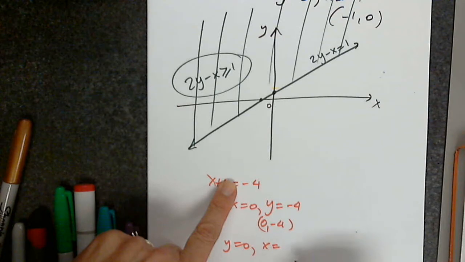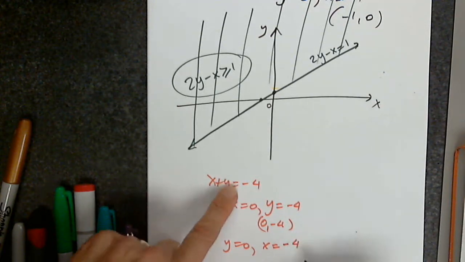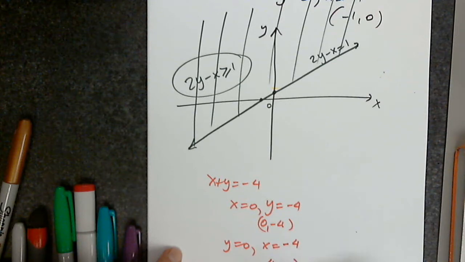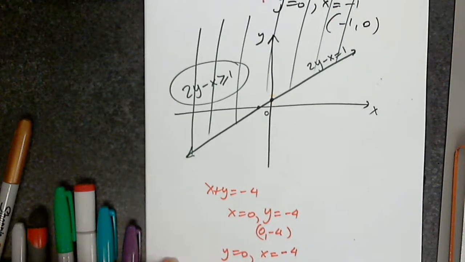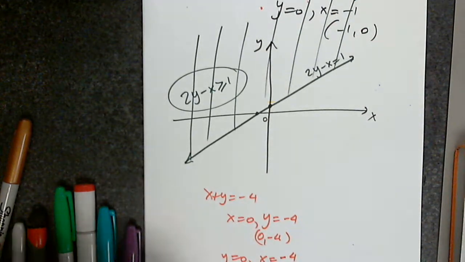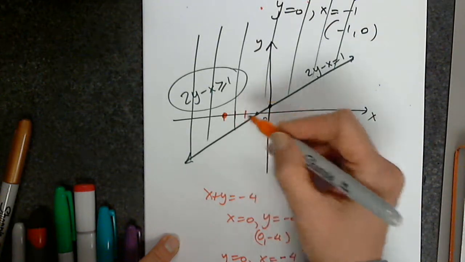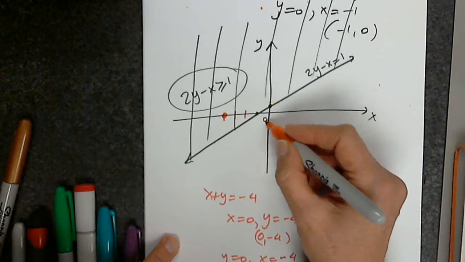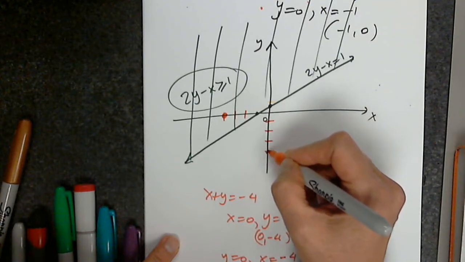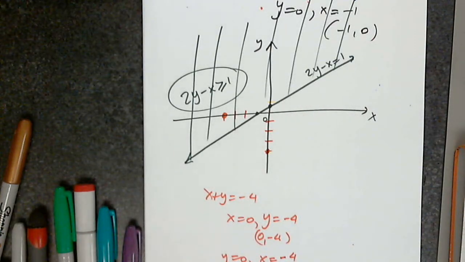X is negative 4. So negative 4, comma 0. Correct? Good. So now negative 4, negative 4. This is negative 1, 2, 3, 4. And 0, negative 4, 1, 2, 3, 4. Do I graph it as a solid line?